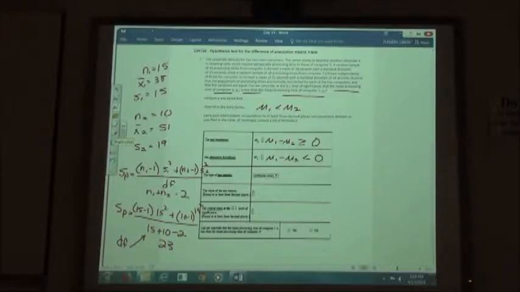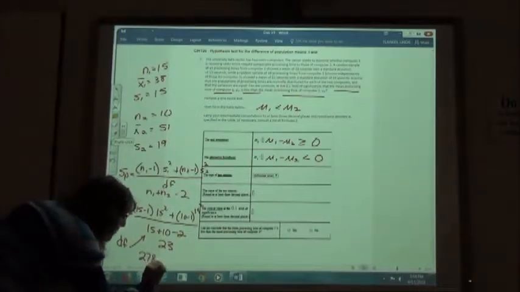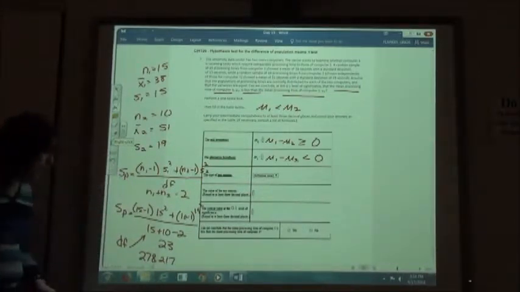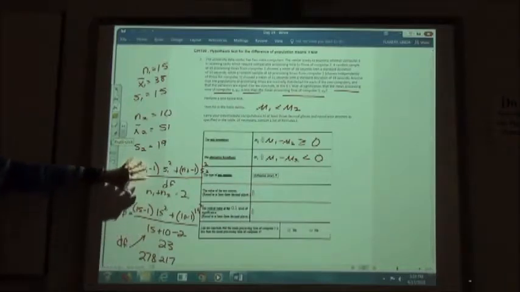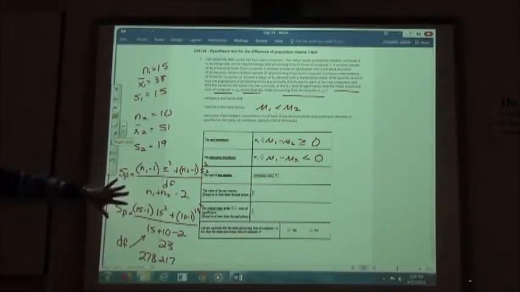And then you don't have to put all the parentheses and stuff in there, right? What did we get when we figured out that value? 278.217. Okay, so same formula we used on homework 18.